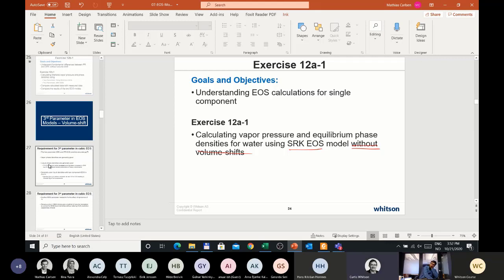Certainly not 1983, because I think it was 81 that the volume shift came in, which we'll talk about tomorrow, I guess, by Peneloux. At that point, they made the accuracy of gas and oil densities between the SRK and the Peng-Robinson essentially identical, within 2-3%. So there was no reason to choose SRK versus Peng-Robinson.